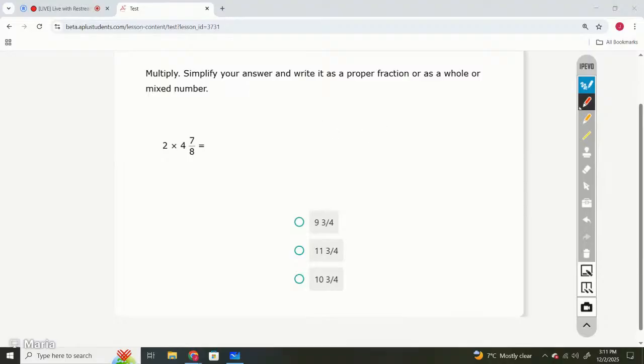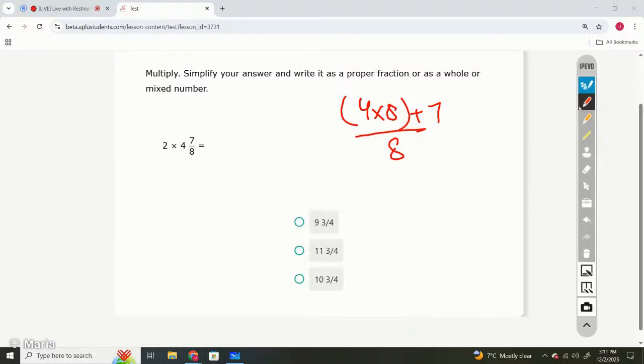So why don't you guys do the questions in your notebook and write the answer? Don't guess the answers, right? Because maths is not about guessing. It's all about the practice.